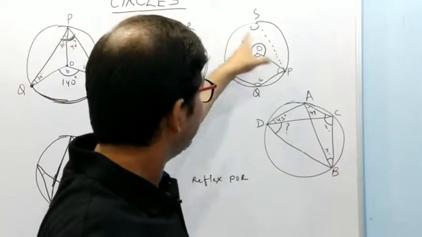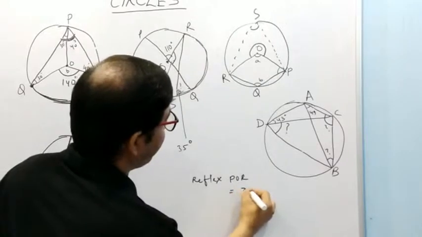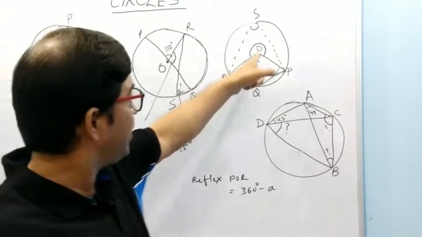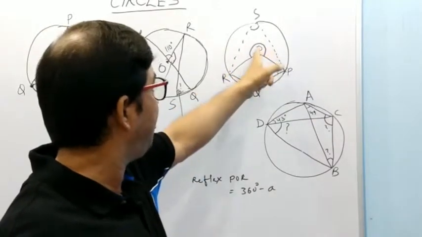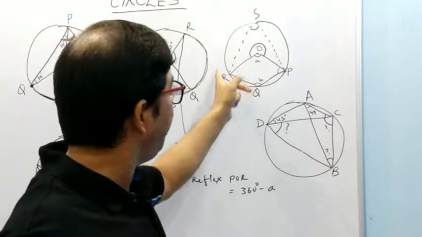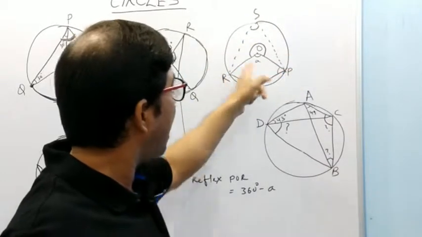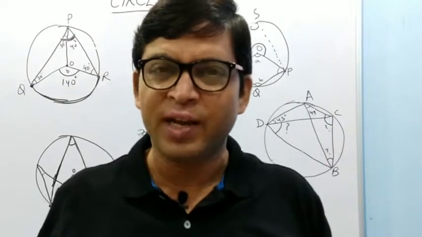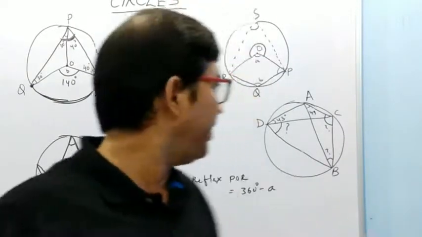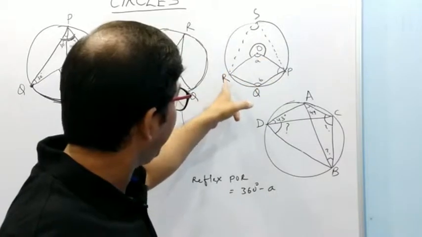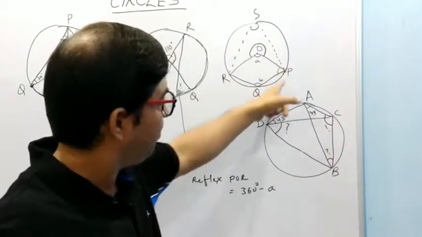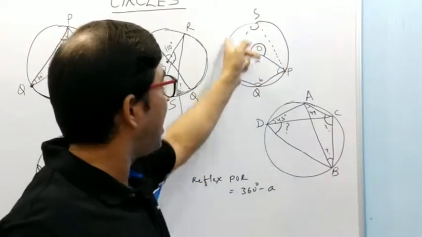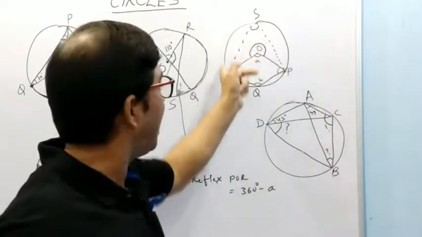This is A, this is 360 degree minus A. And now see, this reflex angle POR is being made by the arc RP. A little bit of uneasiness you are feeling in identifying the reflex angle, but see, this reflex angle is also made by the arc RP, this arc.